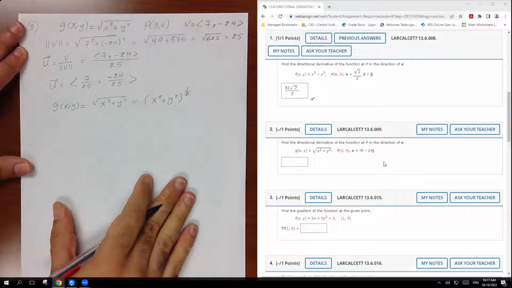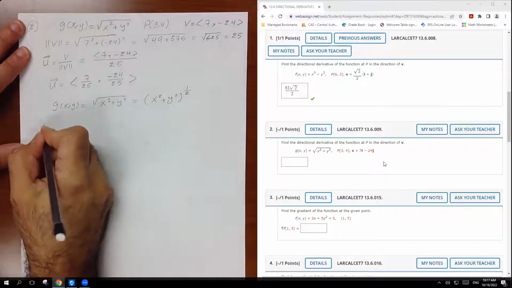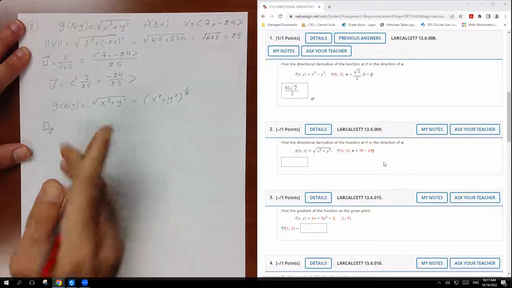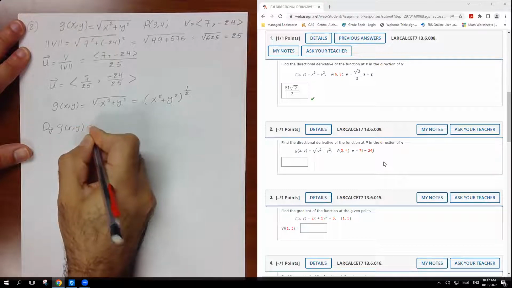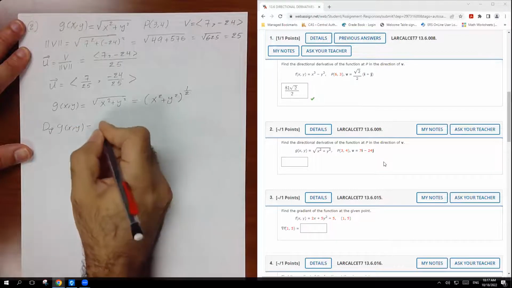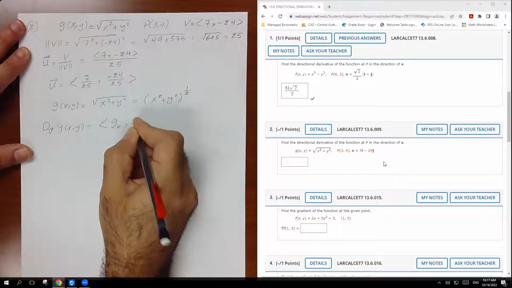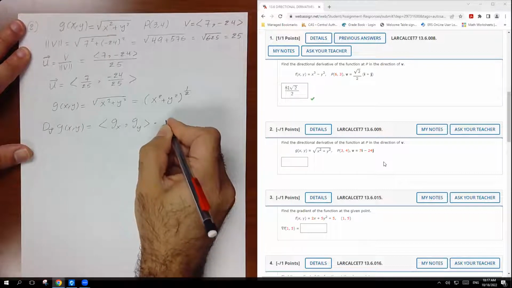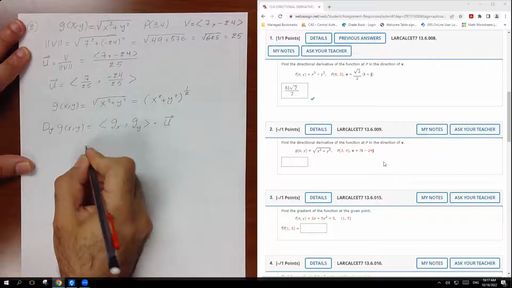Now let's find the directional derivative of the function in the direction of the vector v. It is equal to the derivative of g with respect to x, the derivative of g with respect to y, times our unit vector u.